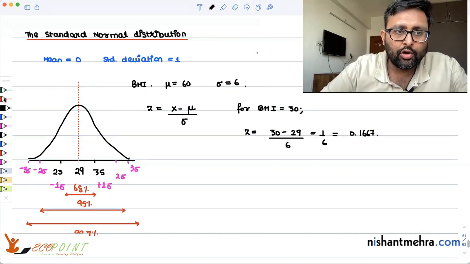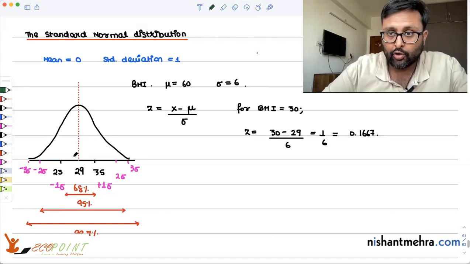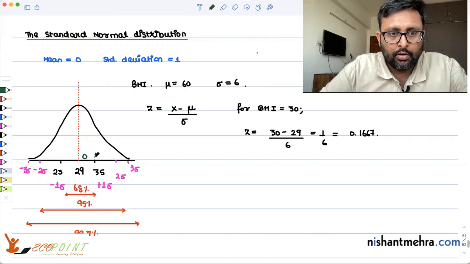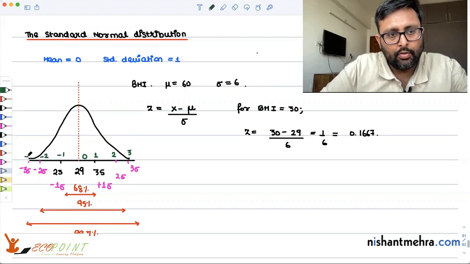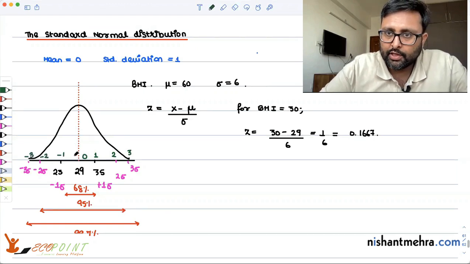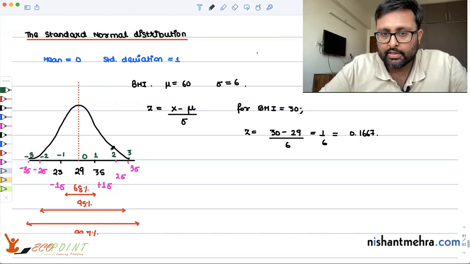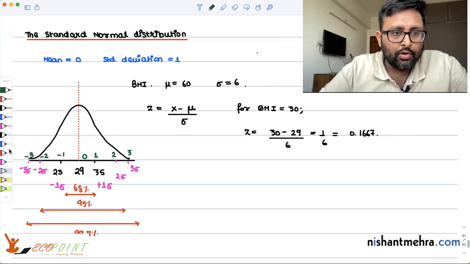So if I'm going to draw this graph for the standard normal variate, it is going to be 0, plus 1, 2, 3, minus 1, minus 2, minus 3. So it has a mean of 0, and the plus and minus 1 standard deviation, plus minus 2 standard deviation, plus minus 3 standard deviations like this. And the example which we took is going to lie somewhere here.